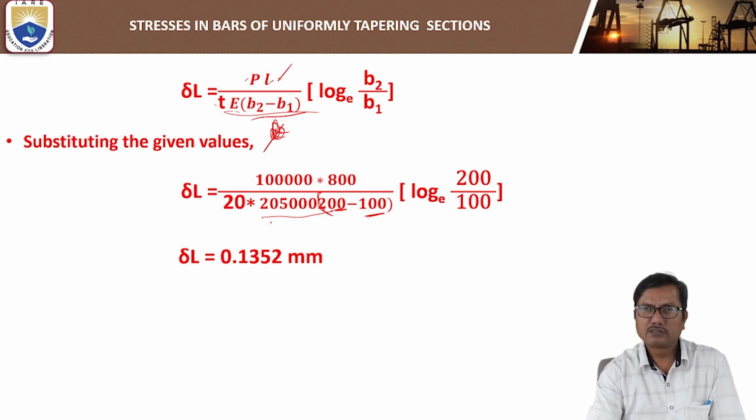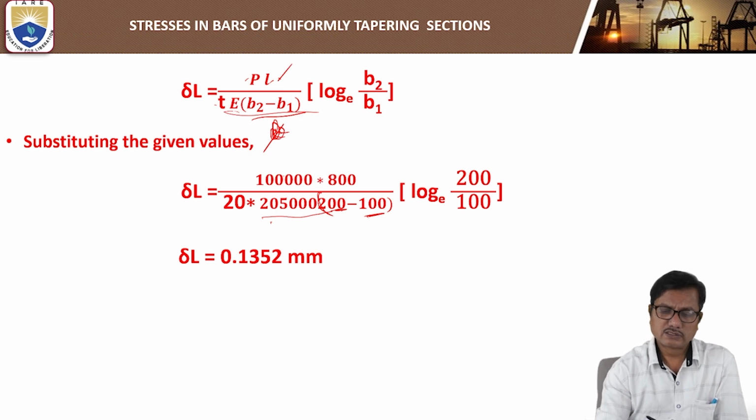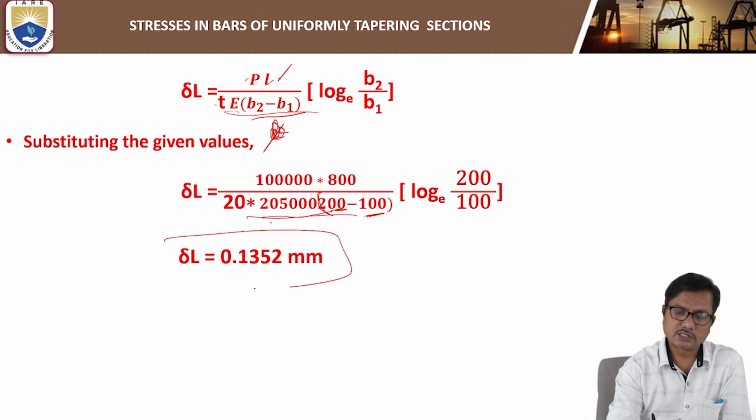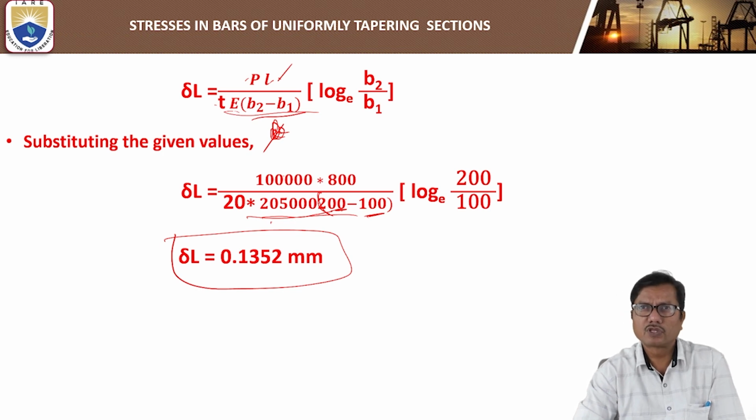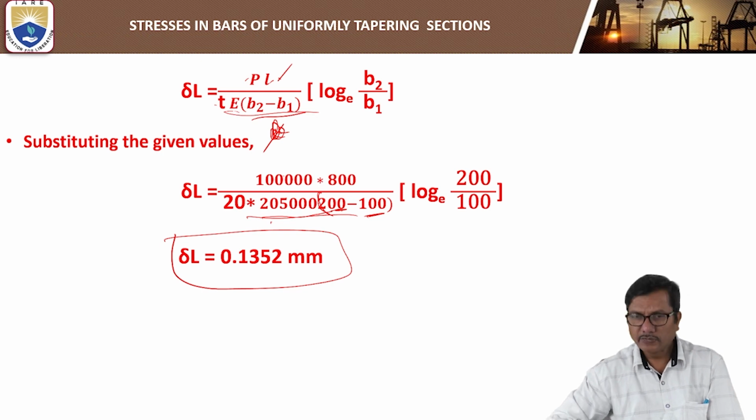All are in the same units. You should have the units same. So this gives the total extension as 0.1352 millimeters. It is clear. So this is the first example.